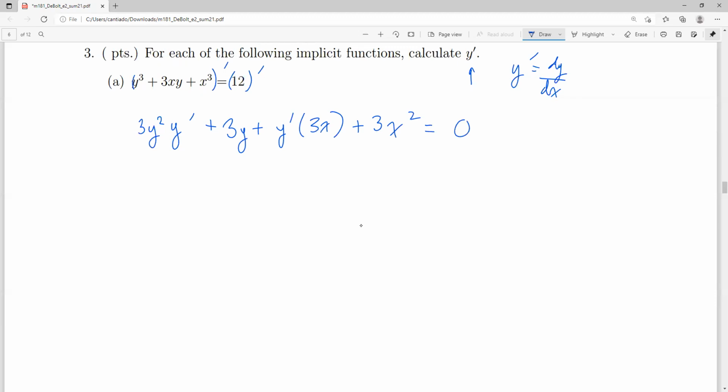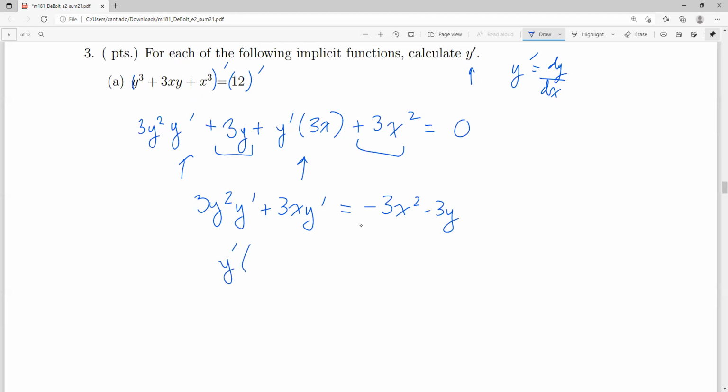Right, so now what we want to do is factor everything such that we have only y primes on the left, everything else on the right. So what do we have? 3y squared y prime plus 3x y prime is equal to, so we're going to subtract this term and this term to the other side, that'd be negative 3x squared minus 3y. And then we can now pull out the y prime on the left.